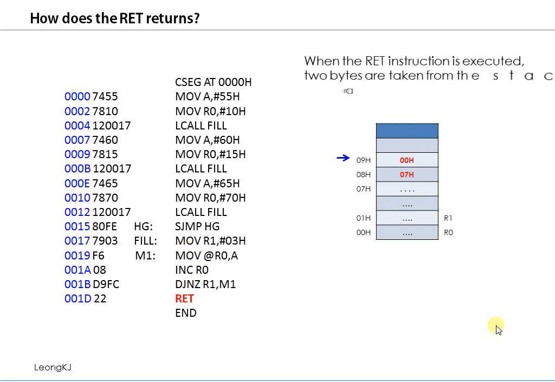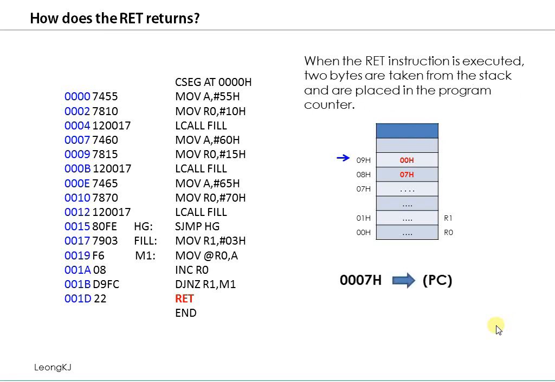When the return instruction is executed, 2 bytes are taken from the stack and are placed in the program counter. The stack pointer goes back to 07.